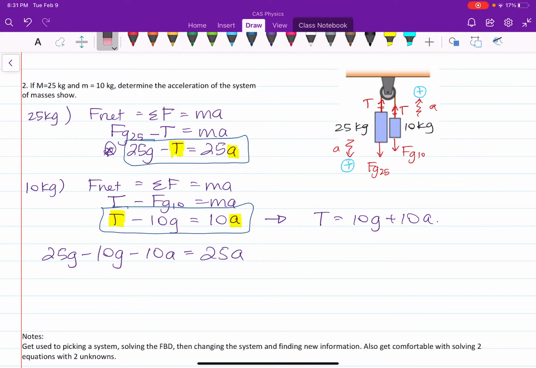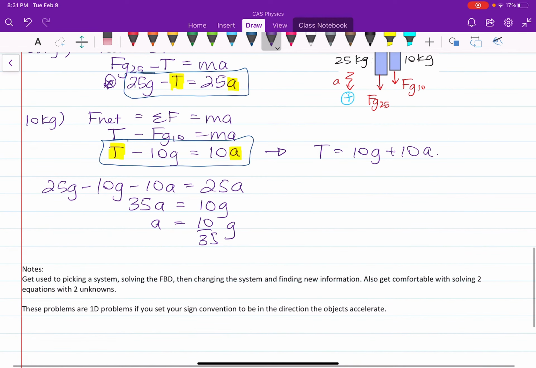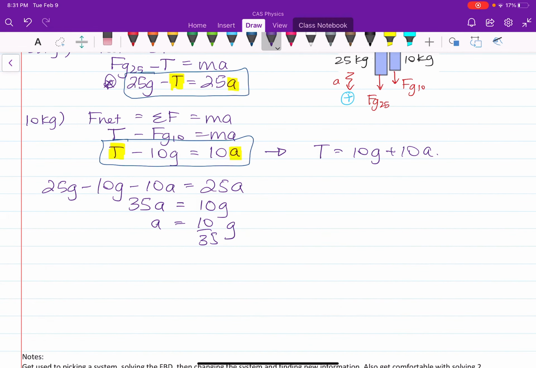We have 15g equals 35a. So a equals 15 over 35 g. And then putting that into our calculator, with 9.8, we get 2.8. So the acceleration is 2.8 meters per second squared. And that's the acceleration.